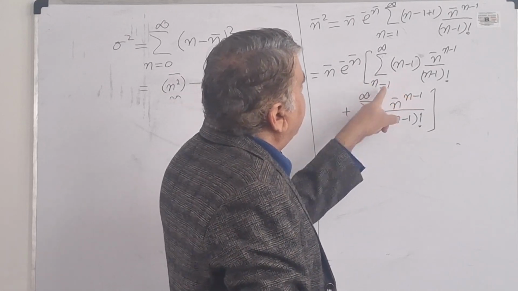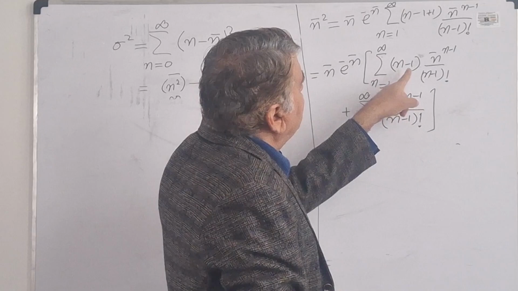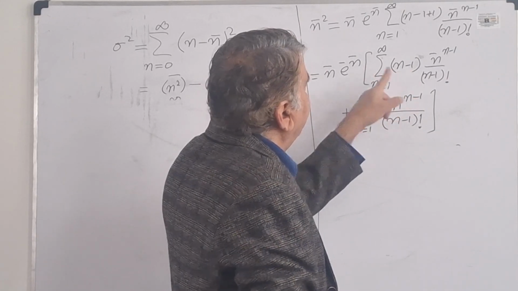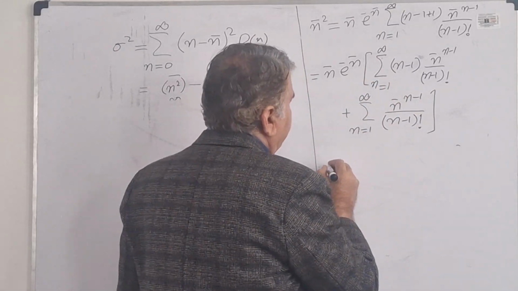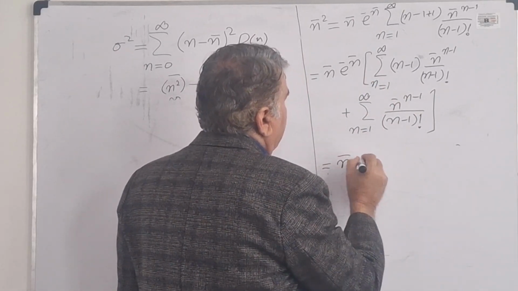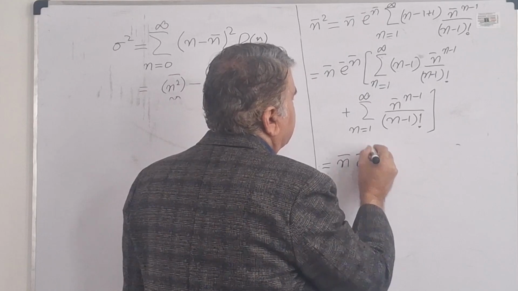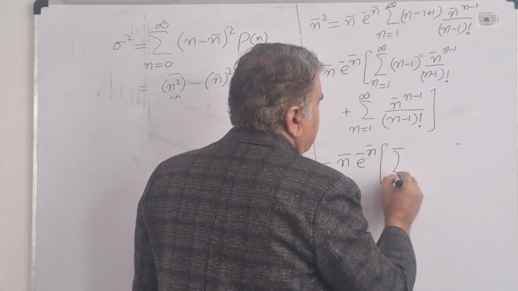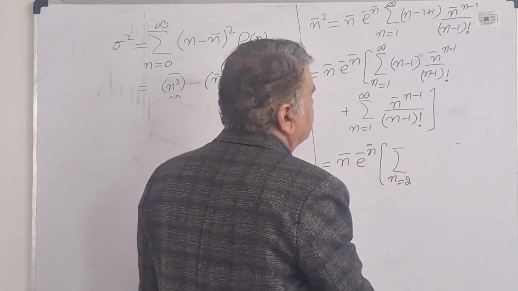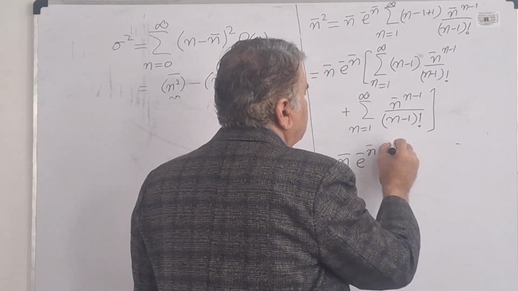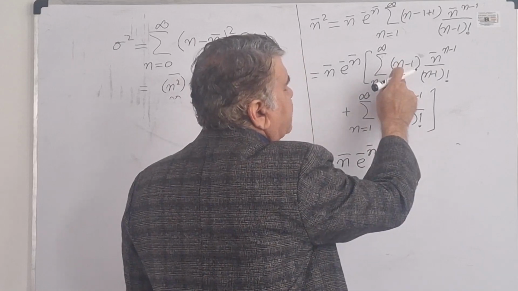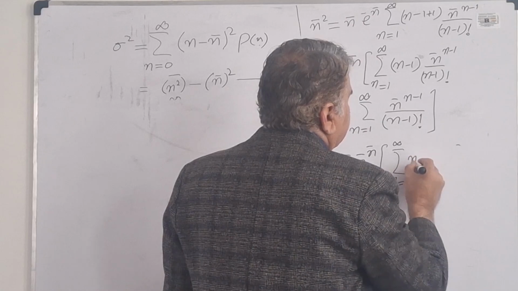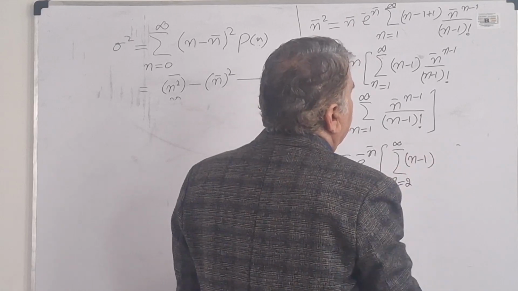For n equal to 1, this term goes to 0, so I remove that term from this summation and rewrite the summation in the form n bar exponent minus n bar, sum over n equals 2 to infinity, because n equal to 1 is 0, so I drop that term, and then I write this as n minus 1.